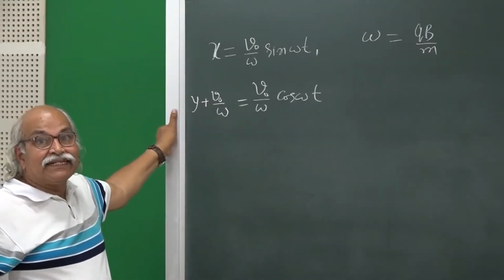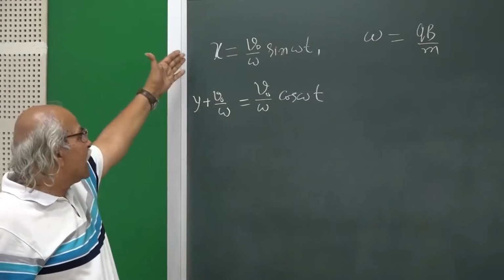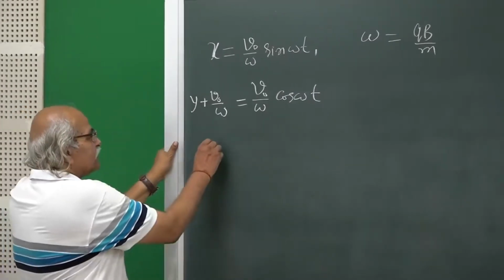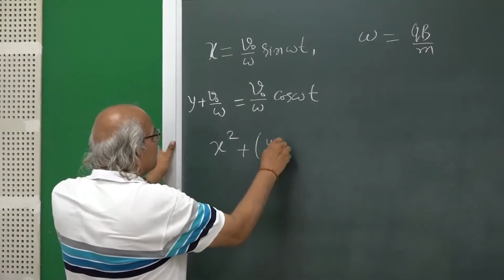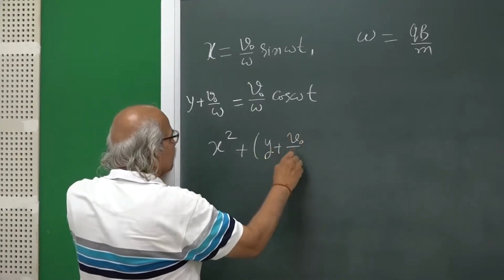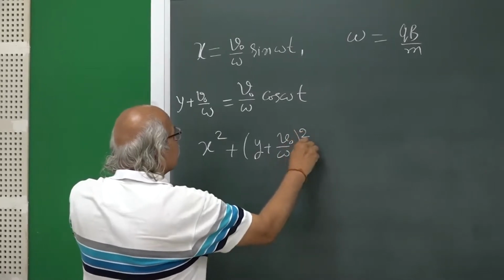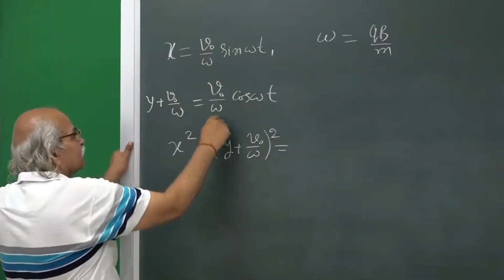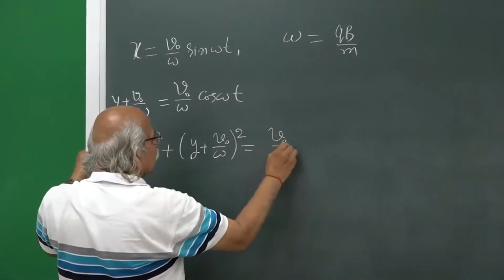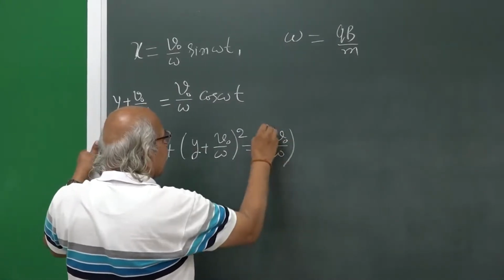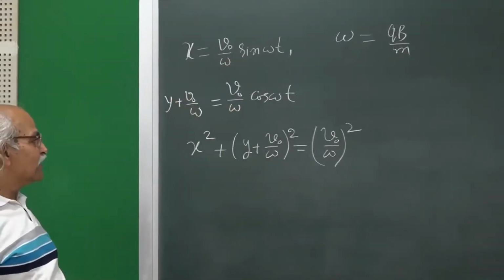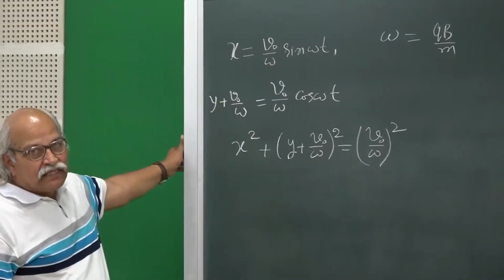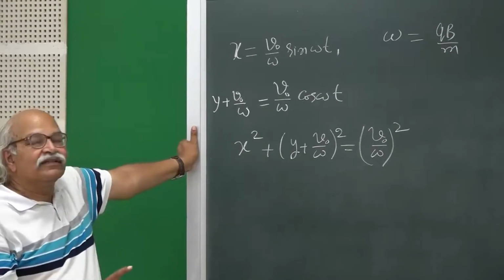Now, to eliminate t, just square and add. So you get x square plus y plus v naught by omega whole square is equal to v naught by omega square into sin square omega t plus cos square omega t, that is 1. So this is the equation of the path.